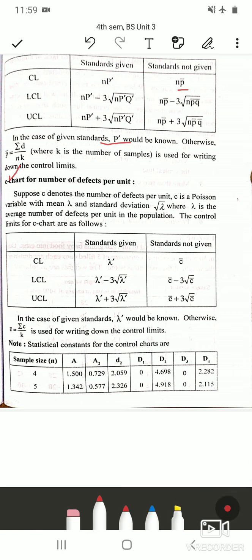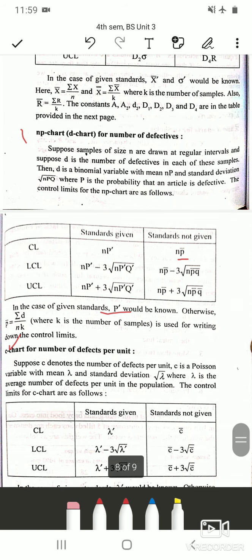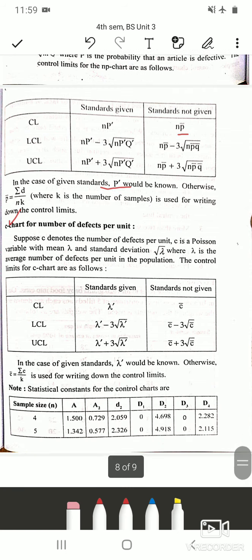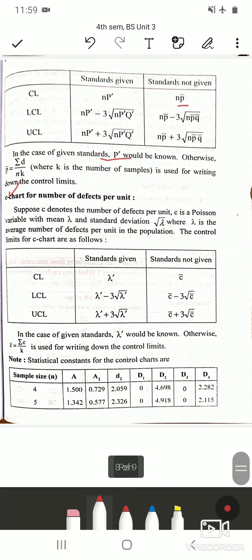Now we will see the C chart for number of defects per unit. So what does the C denote? It is the number of defects per unit. Here it was the number of defects in each of the samples. Now we are taking C as a Poisson variable with mean lambda and standard deviation square root of lambda.